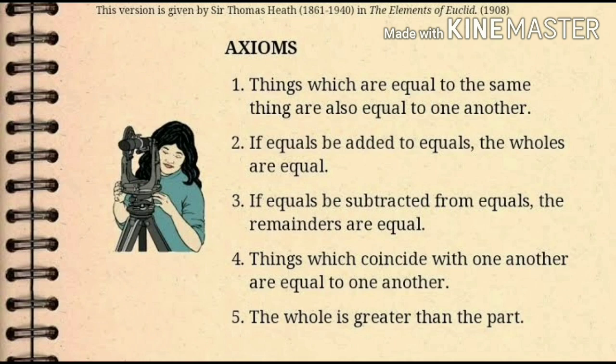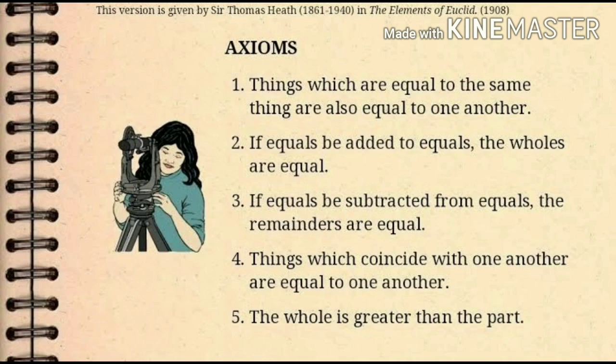The fourth axiom is things which coincide with one another are congruent. The fifth and the final axiom states that whole is always greater than its parts.